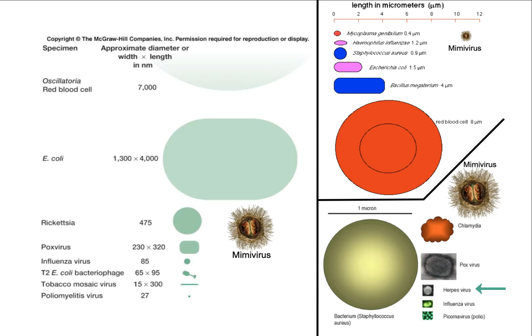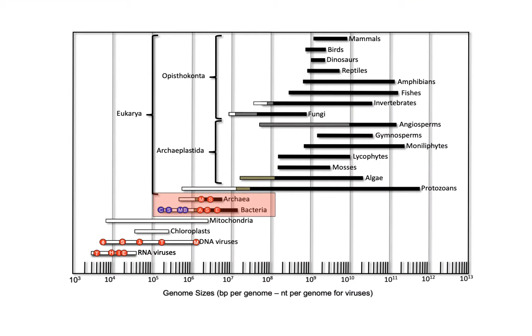So as cells and viruses get smaller and smaller, they have less and less complexity. And the converse is true also, that as cells get larger and larger, they have, in general, more complexity. And that is complexity of their genomes as well as their structures. So the bacterial genomes and archaeal genomes exhibit this as well.